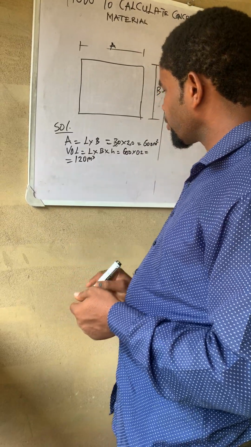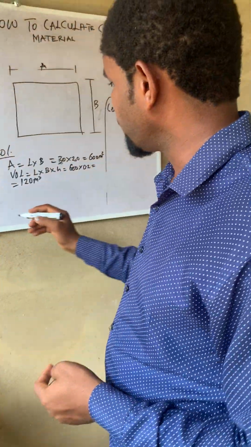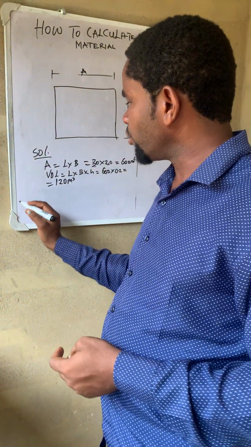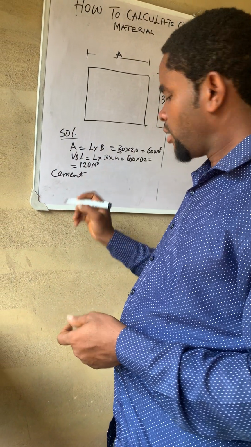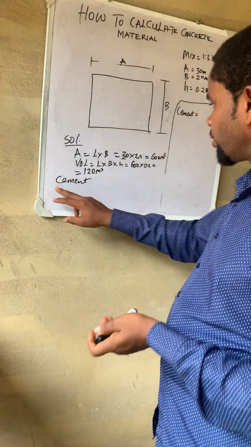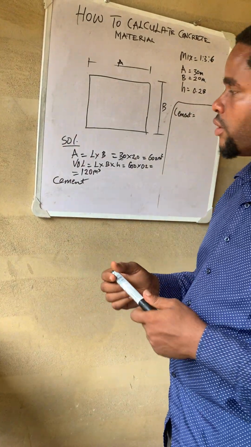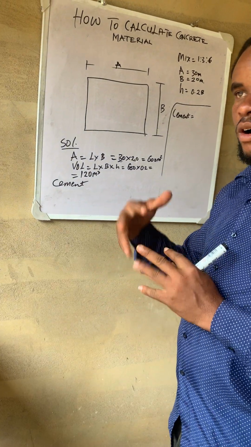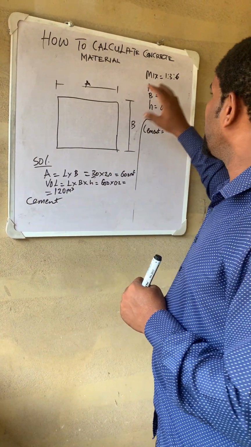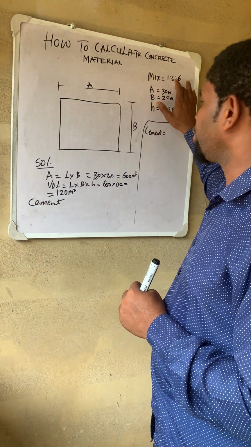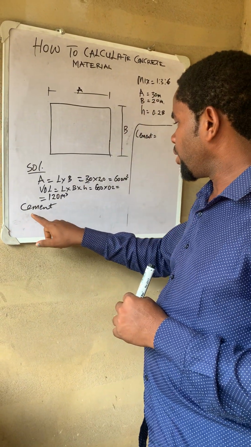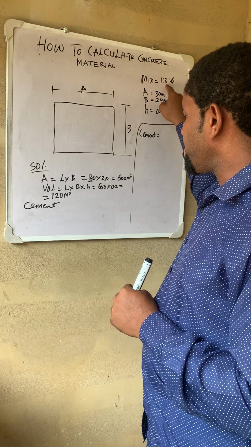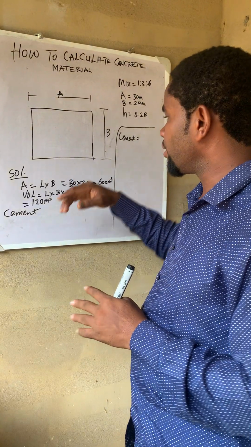So now how do we get our cement? Remember, before you get to cement, you have to determine your mix ratio. On this slab, we are going to use the mix ratio for a mass concrete slab, which is 1:3:6.